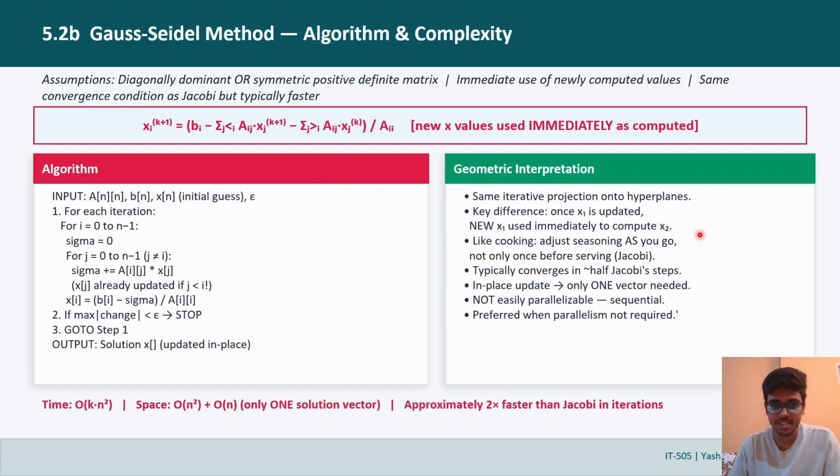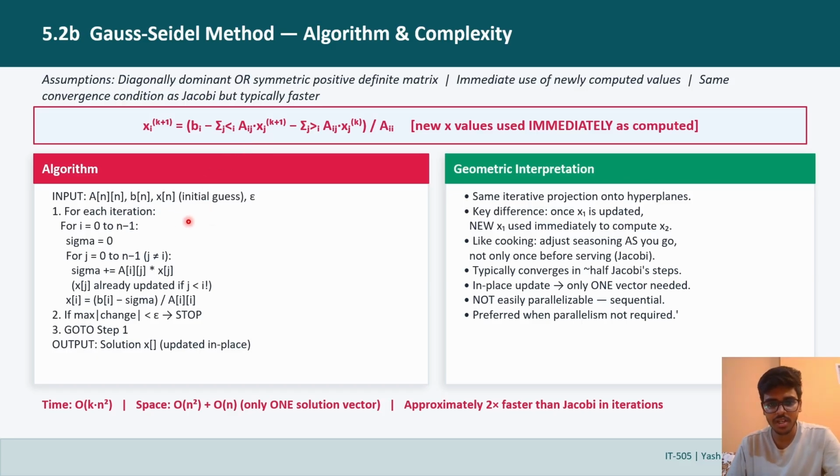The update formula: x_i at iteration k plus 1 equals b_i minus the sum of a_ij times x_j at iteration k plus 1 for j less than i, minus the sum of a_ij times x_j at iteration k for j greater than i, divided by a_ii. In plain language, when computing x_i, use the most recently computed values of x_1 through x_(i-1), even though they were just updated in the same iteration.